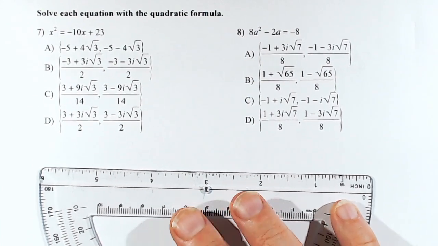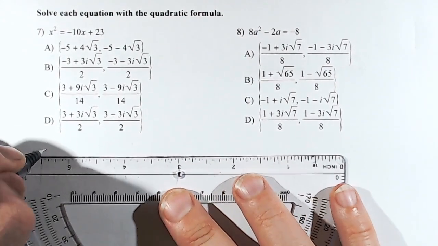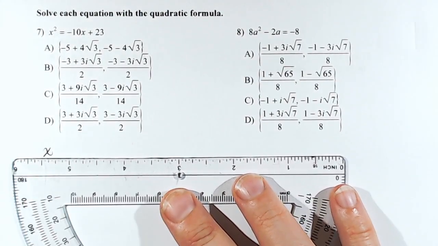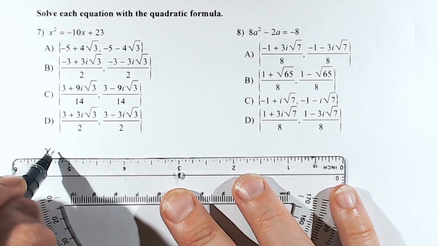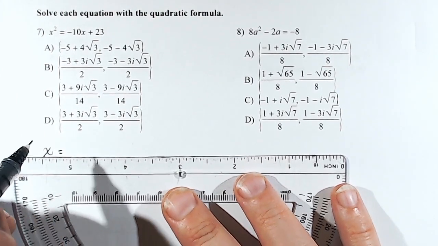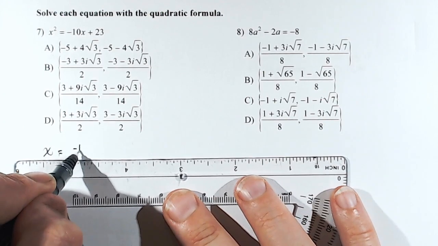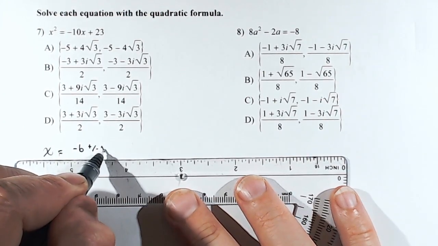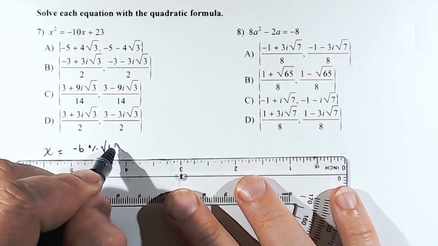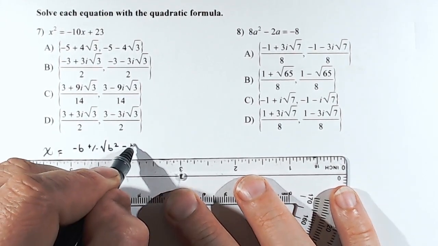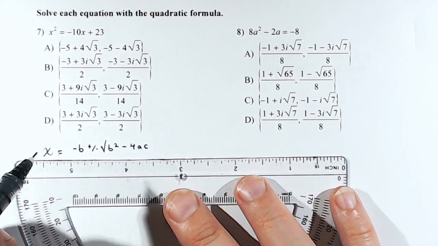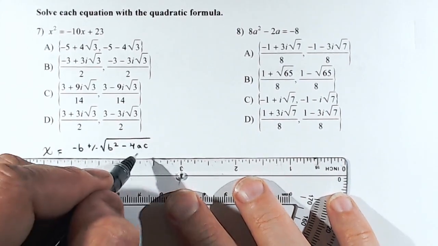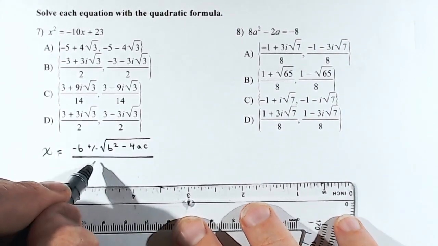All right, the quadratic formula says that the solutions to the quadratic equation are x equal to negative b plus or minus the square root of b squared minus 4 times a times c, all divided by 2 times a.